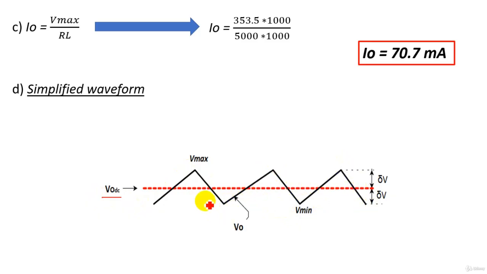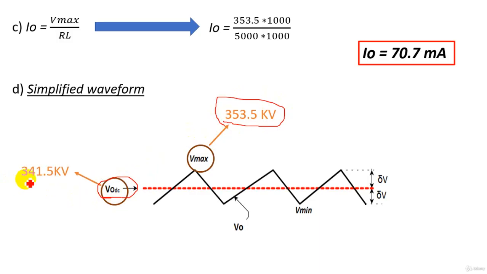The output voltage has a maximum value of 353.5 kilovolt. Also this maximum value is the maximum of the secondary of the high voltage transformer. This value is obtained in our problem, and the DC voltage of this waveform is also 341.5 kilovolt.